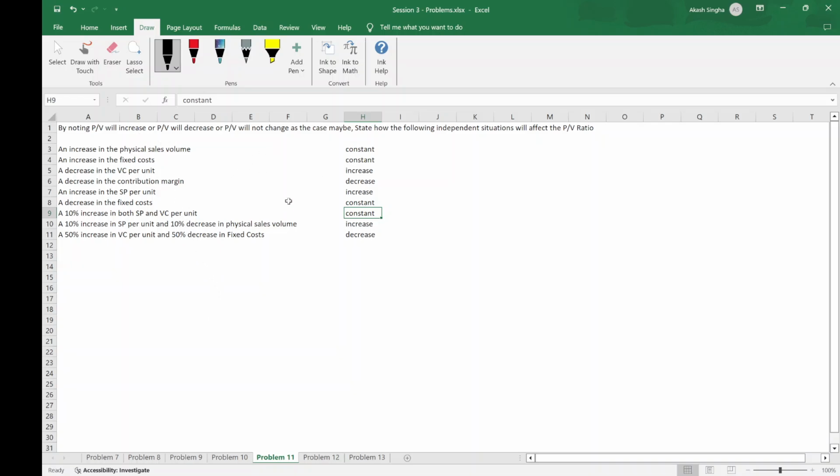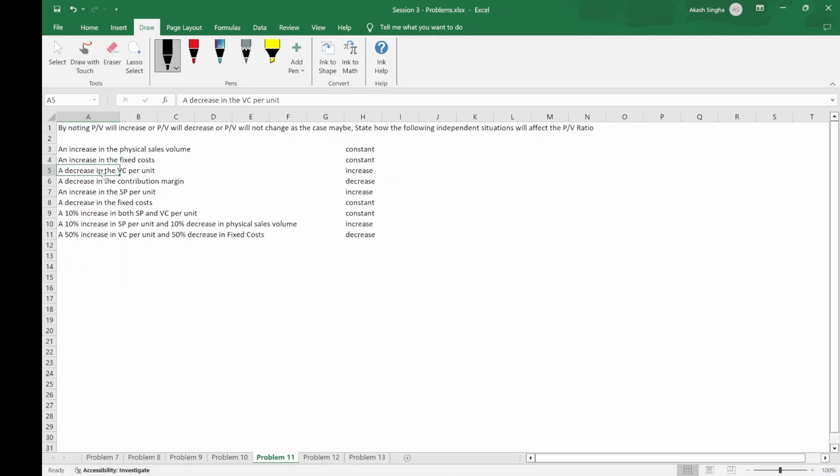Yeah, just go through this one by one. An increase in the physical sales volume: noting PV value will increase, or PV value will decrease, or PV will not change. Okay, PV won't increase if we are increasing the volume. It's a ratio, right? An increase in fixed cost won't change the PV because PV comes before it.